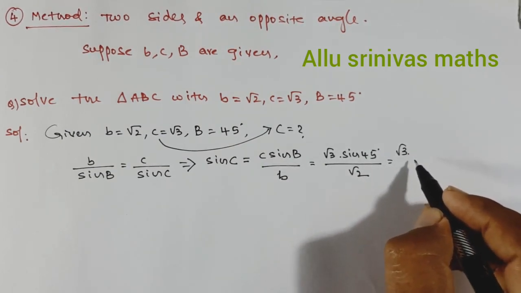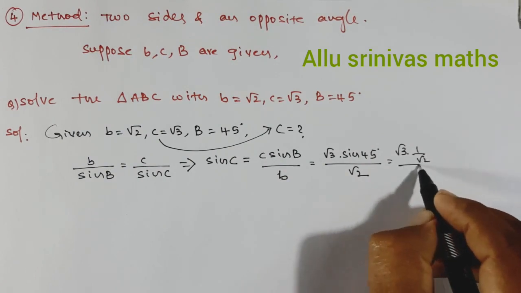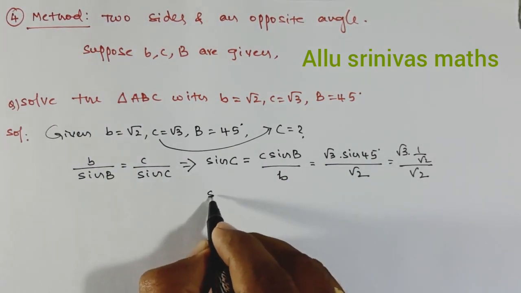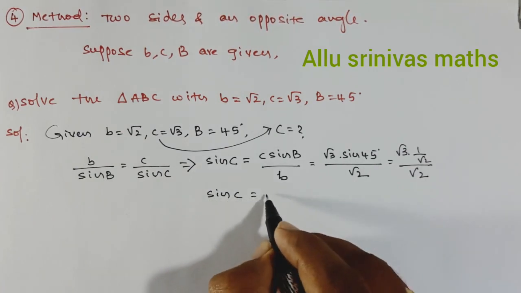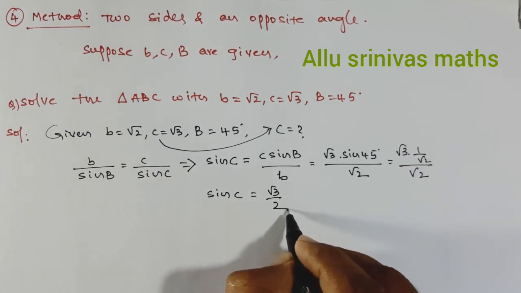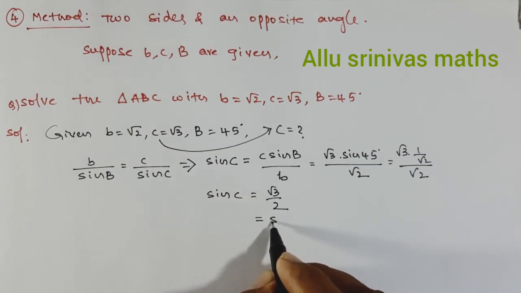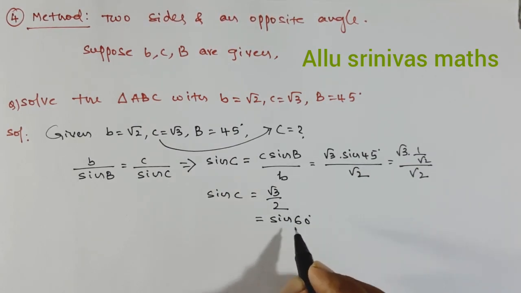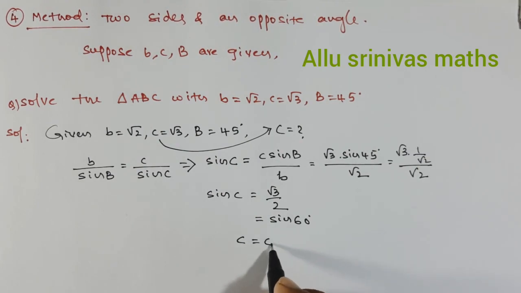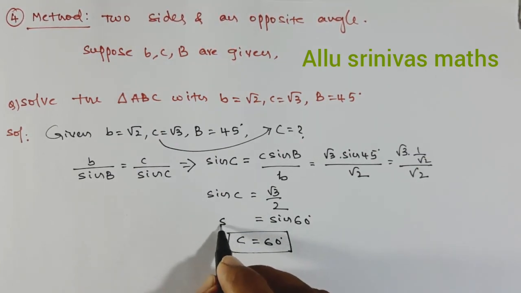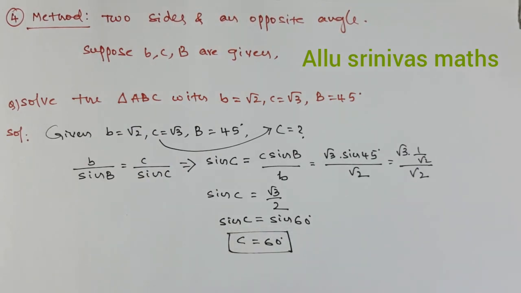Sine 45 is 1 by root 2, whole divided by root 2. Root 2 is the reciprocal of 1 by root 2. Root 2 into root 2 is 2. Finally root 3 by 2. Root 3 by 2 can be written in sine terms as sine 60 degrees. On both sides sine cancelled, and finally the required angle C equal to 60 degrees.